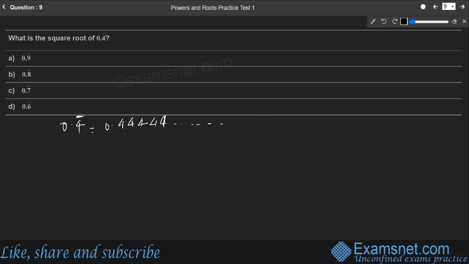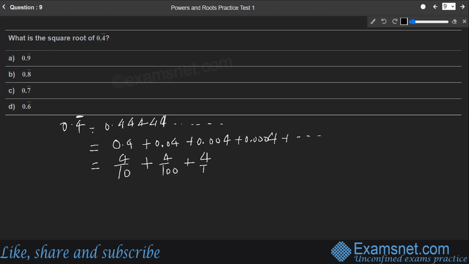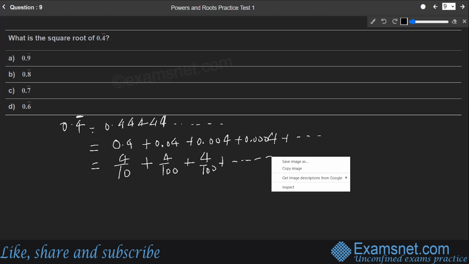So let us solve this 0.4444. This can be written as 0.4 plus 0.04 plus 0.004 plus 0.0004, and so on till infinity. This can be further broken down as 4 by 10 plus 4 by 100 plus 4 by 1000, and so on.